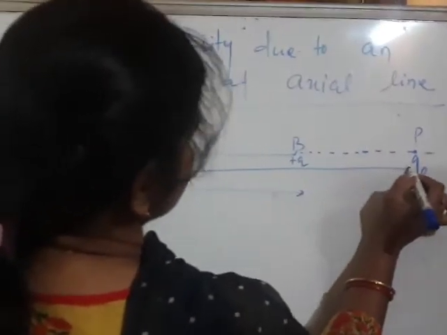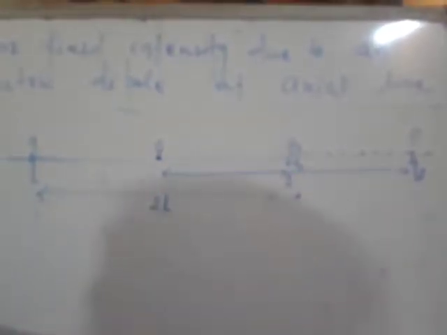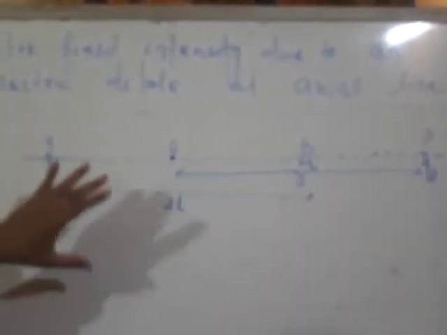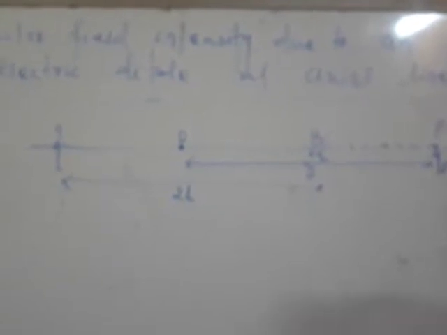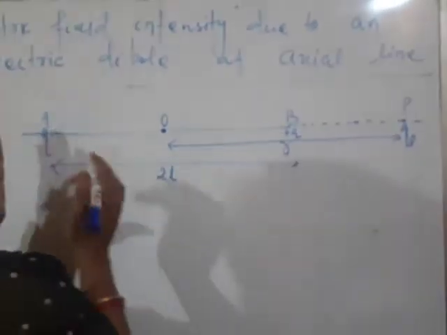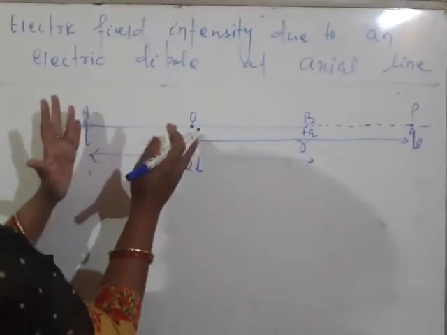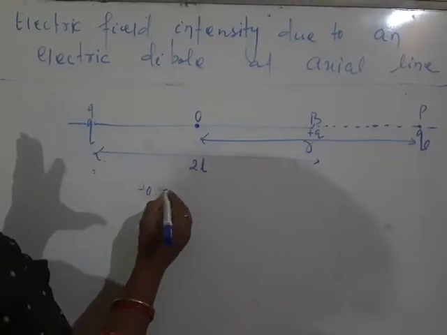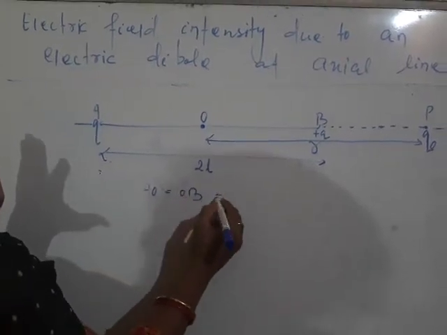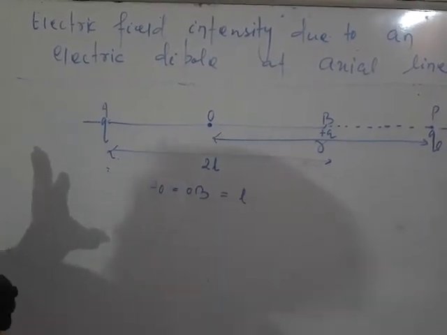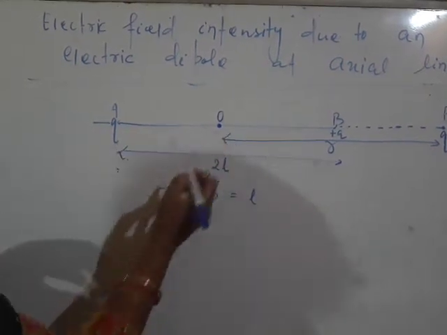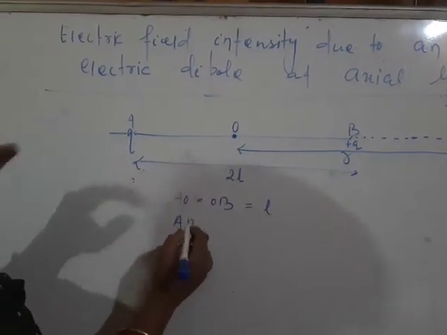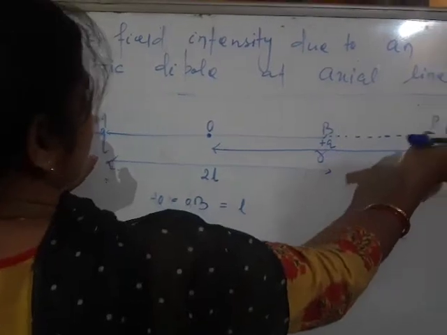a separation distance r from the origin of the dipole AB. We know the total length of the dipole is 2l, so AO equal to OB equal to l. So how much is AP, A to P?